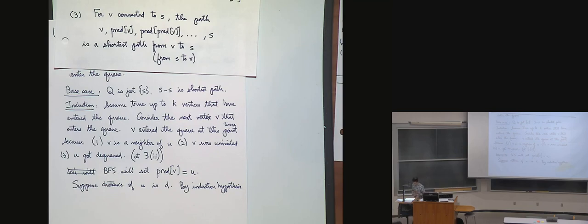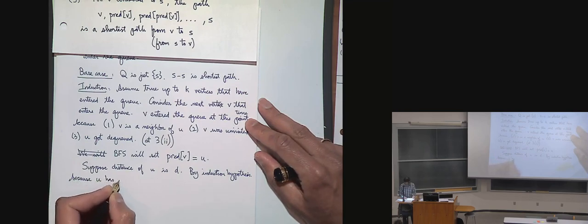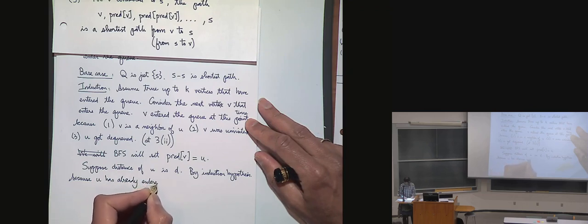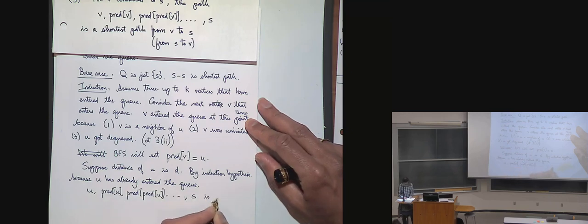So let me write this down. So by the induction hypothesis, because U has already entered the queue, the predecessor of U, predecessor of U, all the way back to S is the shortest path.